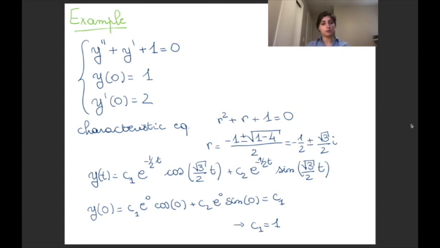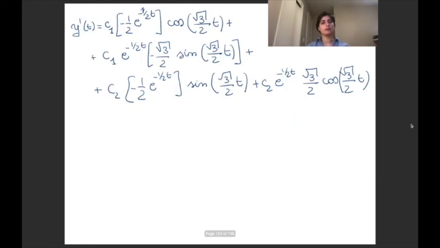We use the initial conditions in order to fix C1 and C2. Because sine at 0 is equal to 0, the second block disappears when computing at 0, so we have C1 is equal to 1. And then we have to compute y prime in order to compute C2.